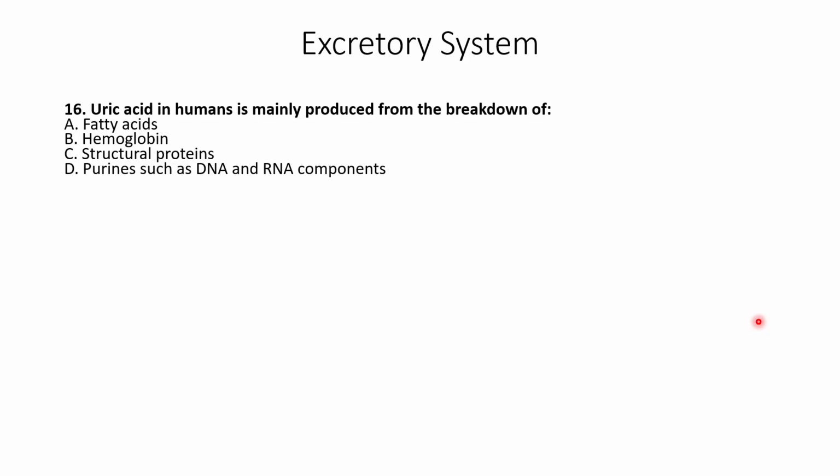These excrete uric acid. So this is the least toxic of all of the nitrogenous waste, but it's really poorly soluble in water, and it's excreted not as liquid excreta, but more like a paste or crystals.